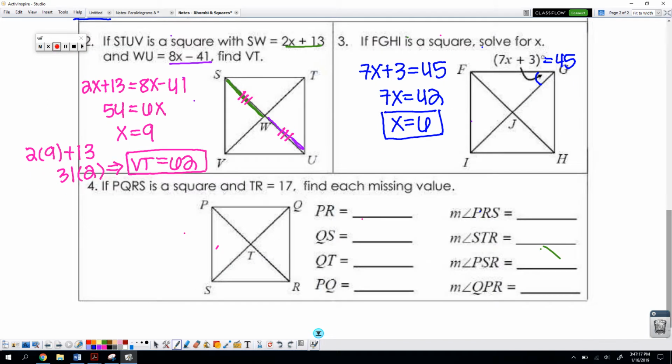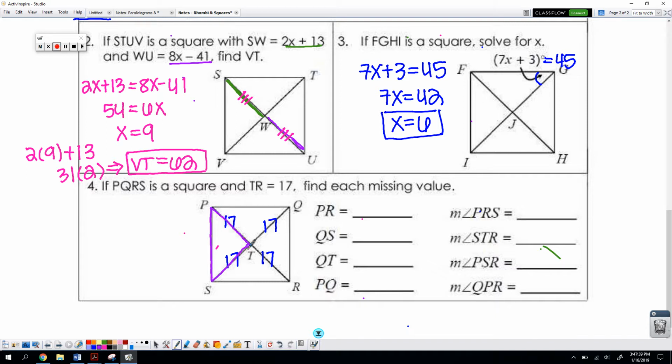Alright, now let's look at the last one. So it says PR is 17. Which means I know that this one is 17, this one is 17, and that one is 17. So I have 2 different options for how to solve this for our other side lengths, or our exterior, like our outside part. Here, I'm just going to highlight this little triangle.